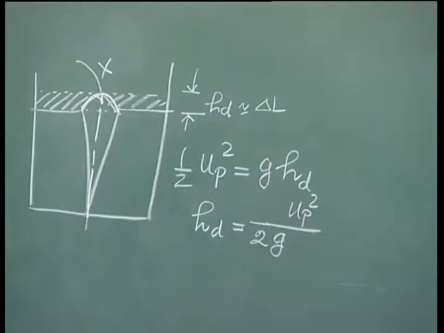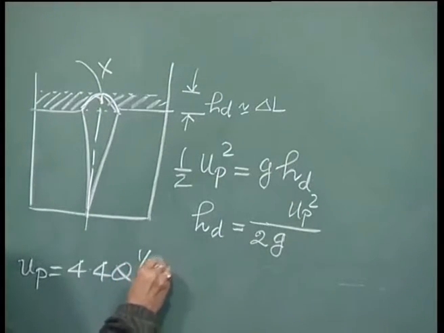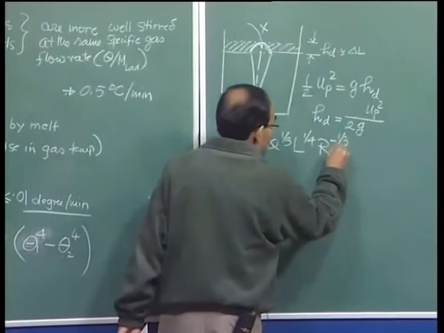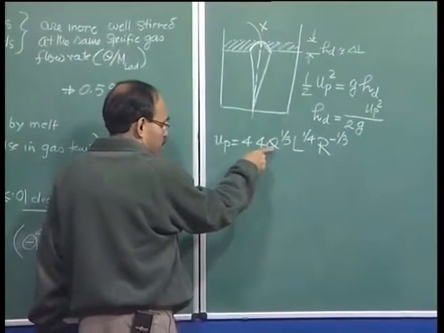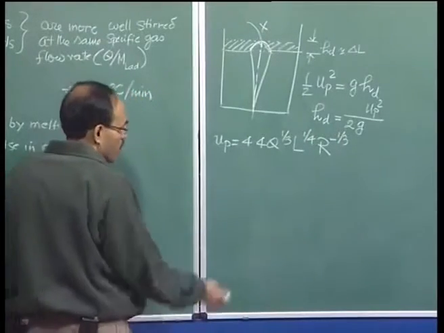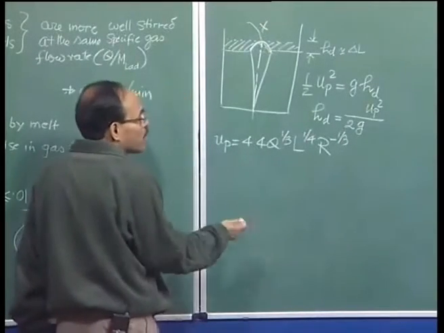And the expression of Up I have already given. Up is equal to 4.4 Q raised to the power 1 by 3, L raised to the power 1 by 4, and R raised to the power minus 1 by 3. So, given the gas flow rate, we can convert it into the actual condition, with reference to our mean height and temperature of the liquid.